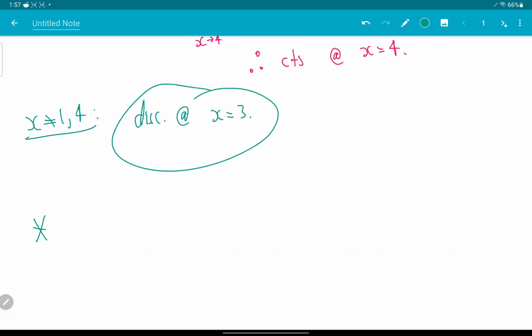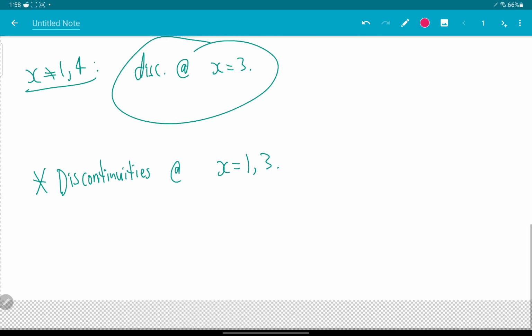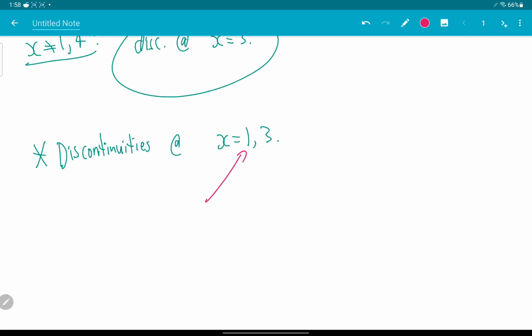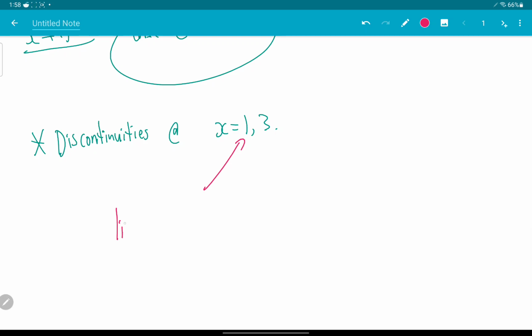Okay, so let's summarize some of this. So we have discontinuities at x equals 1 and x equals 3. Now at x equals 1, we have the limit as x goes to 1 from the left of f of x.